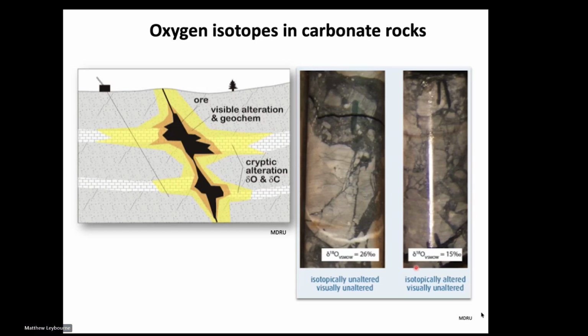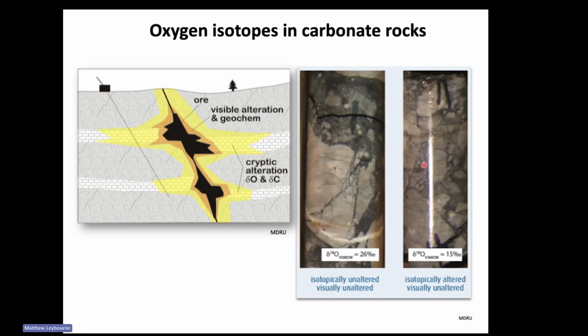And yet when the people who did this study, which is done at Mineral Deposits Research Unit at University of British Columbia, looked at the oxygen isotope values of the carbonate minerals in the whole rock, the left-hand side gave a value of 26 per mil. And the ones on the right gave a value of 15 per mil.